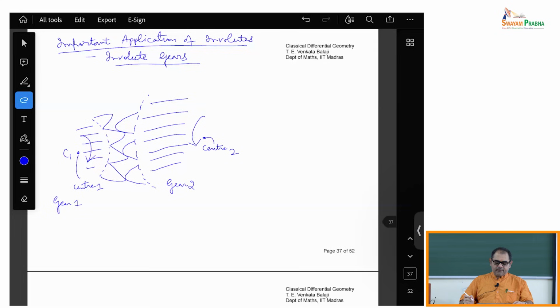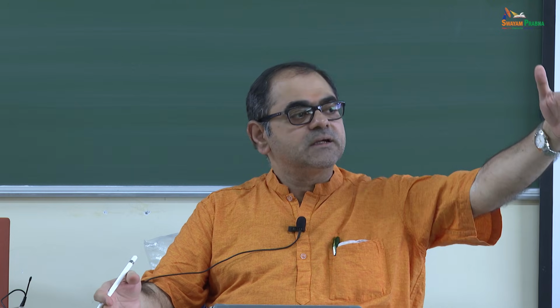Basically you want to transmit circular motion from one point to another point. In fact you want to transmit circular motion which is oriented along an axis to a different parallel axis in space. That is the simplest case.